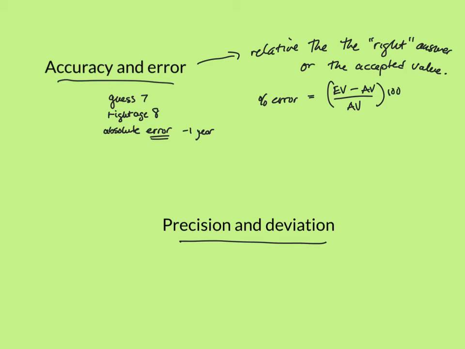And in the case of this guess for my dog's age, we would have 7 minus 8 over 8 times 100 equals, and pardon me, but I'm going to pretty much ignore the rules of significant figures here because I want to have a little more accuracy in my answer. I apologize for this. -13% error. Okay? So we were low by 13%. If we're low by 13%, our accuracy is 87%.